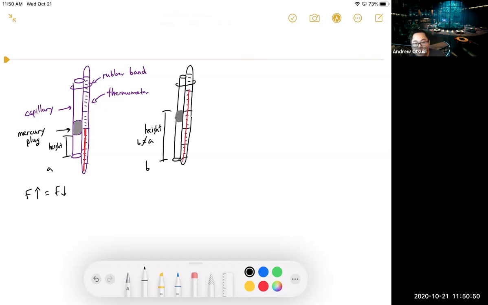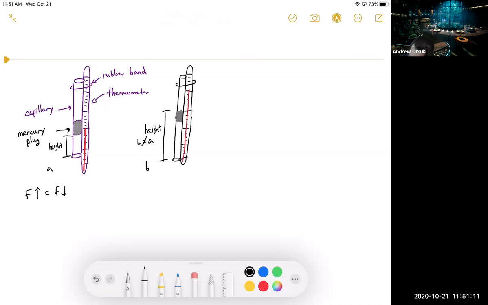In this case, the total pressure is constant because we don't actually apply a stronger pressure. We're just modulating the current pressure so that the total pressure above and below the mercury plug stays the same. But the pressure beneath the plug is going to increase because we're heating the gas sample.